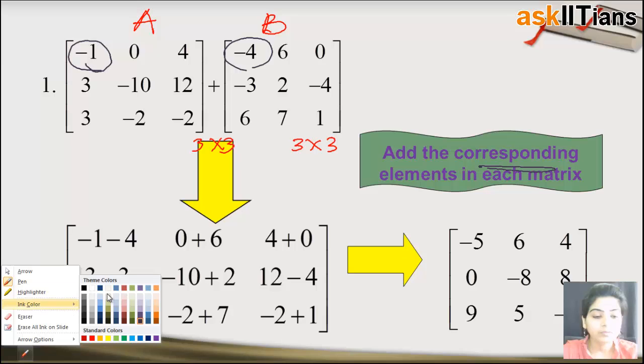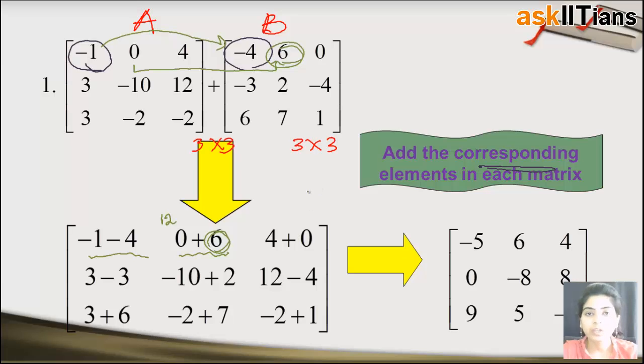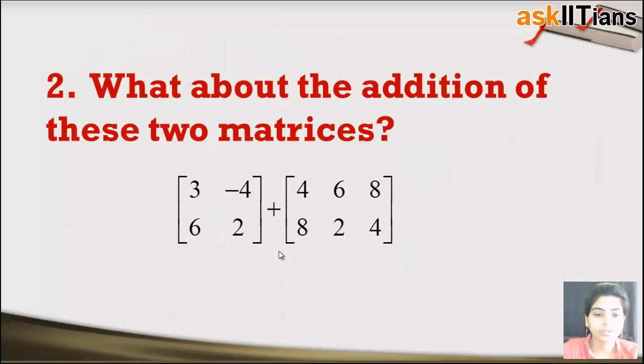I have added the a11 element of A to the b11 element of B. Again, this is the first row and second column, that means the a12 element of A, and this is the b12 element of B. So what are we basically doing? We are adding this element to this element, then this element to this element. So proceeding on similar lines, we get this matrix, which gives us minus 5, 6, 4 and so on. So you must have understood this is simple addition.